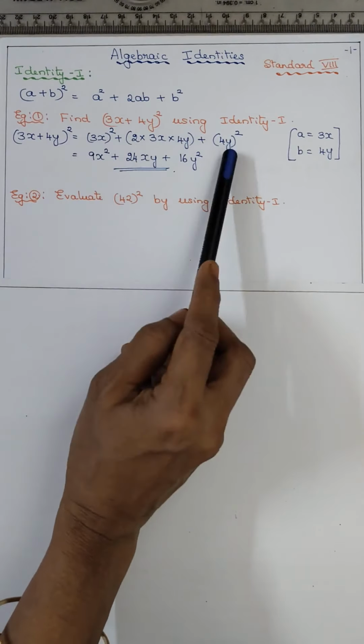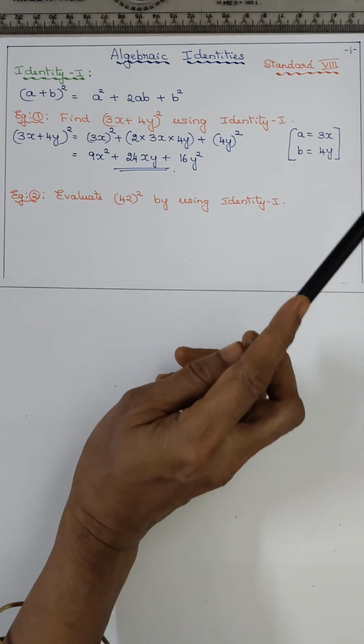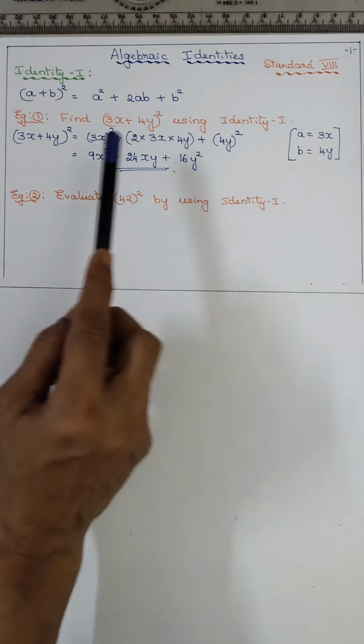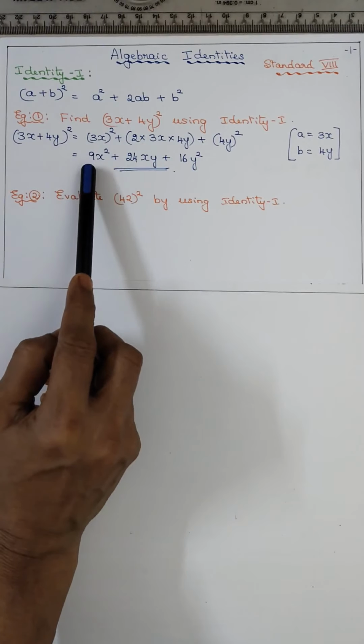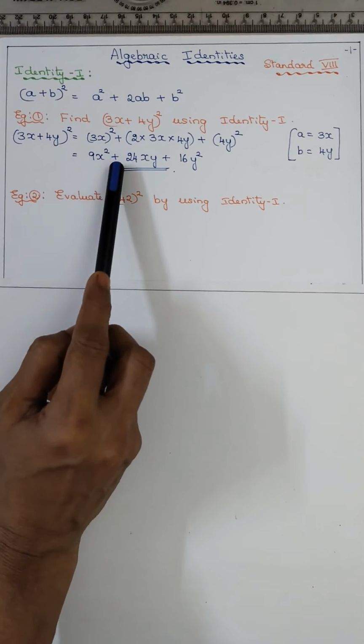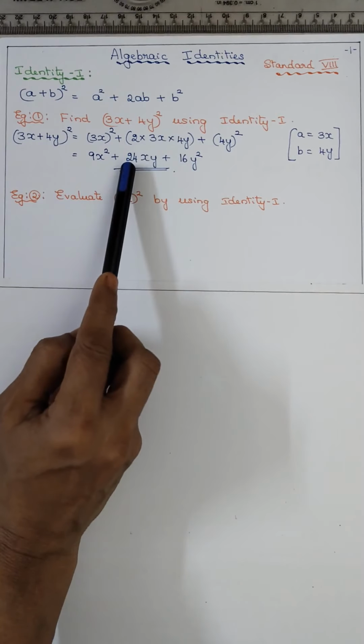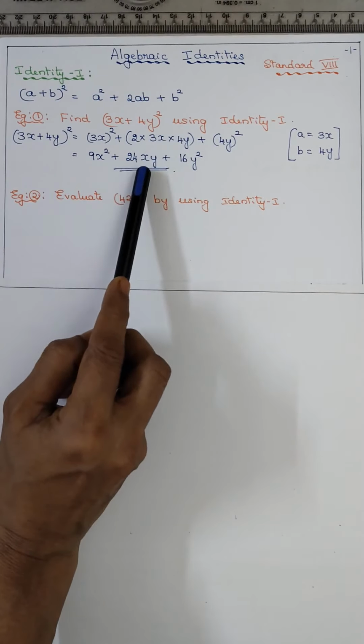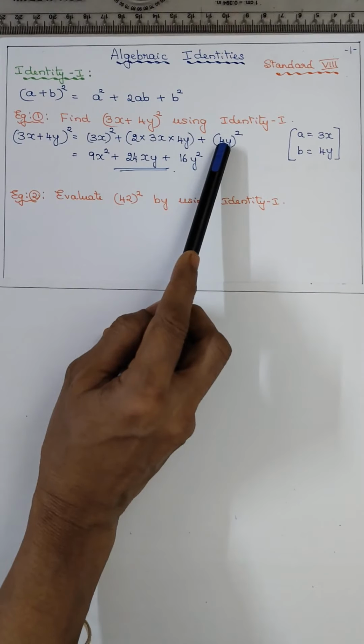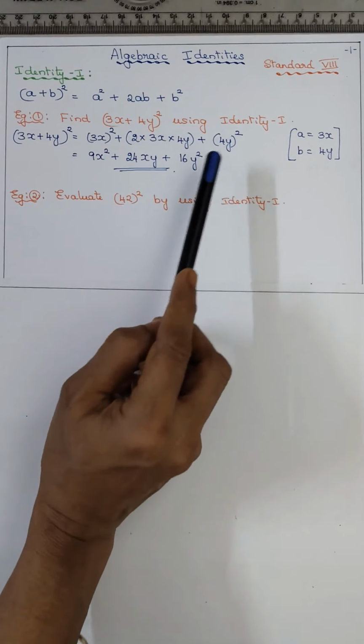Don't forget to put the brackets, otherwise your answer will be wrong. Now 3 square is 9x square plus 2 3s are 6, 6 4s are 24xy plus 4 square is 16y square.